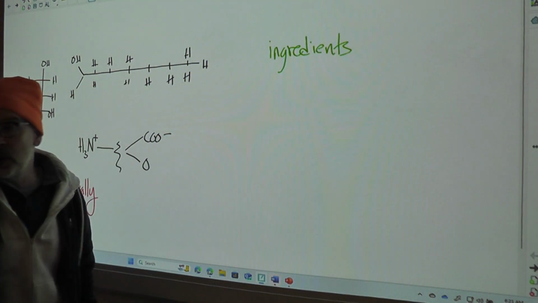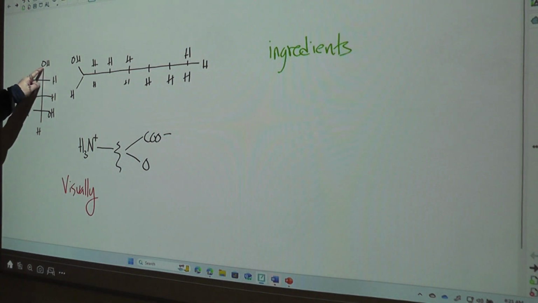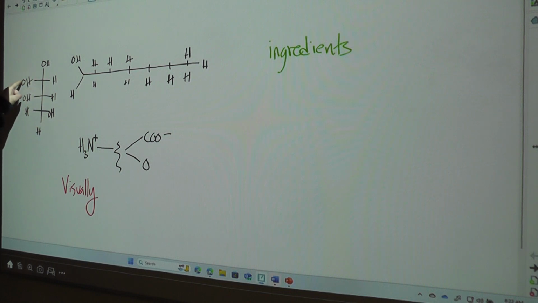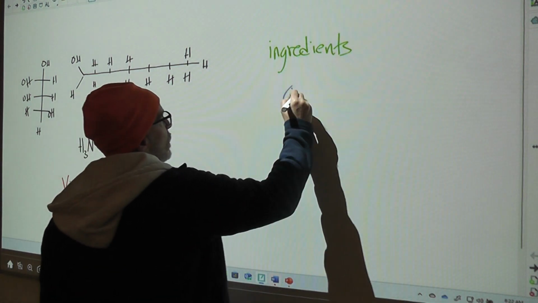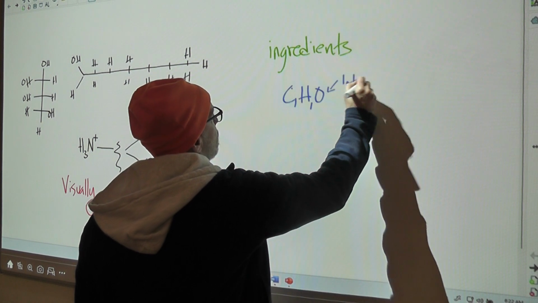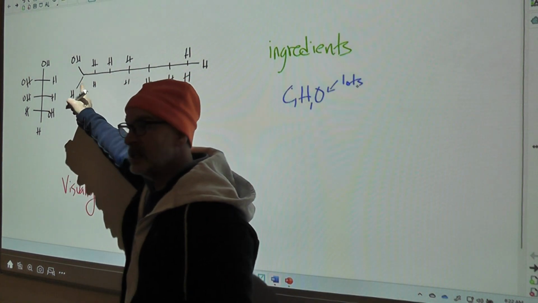So you might notice here, for example, that these ones that were short, vertical, straight had carbon, hydrogen, and oxygen, and it had a lot of oxygen. And then there was this kind.